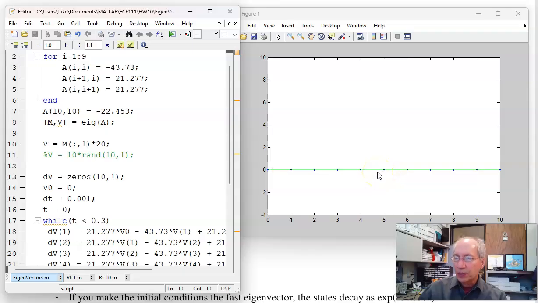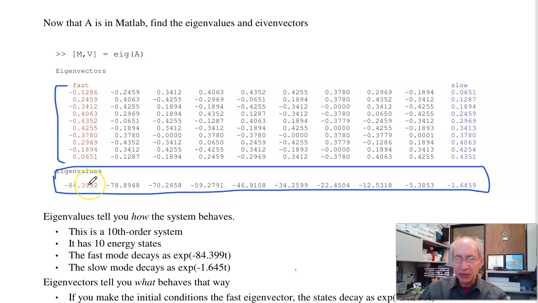If you look at that, the shape stays the same. The shape is the eigenvector. Let's run that again. We go plus minus, plus minus, plus minus, hot, cold, hot, cold, hot, cold. The voltages quickly collapse on each other, or the temperatures quickly equalize. If that's my initial condition, that's an eigenvector. That'll decay very quickly. It decays as e to the minus 84t.